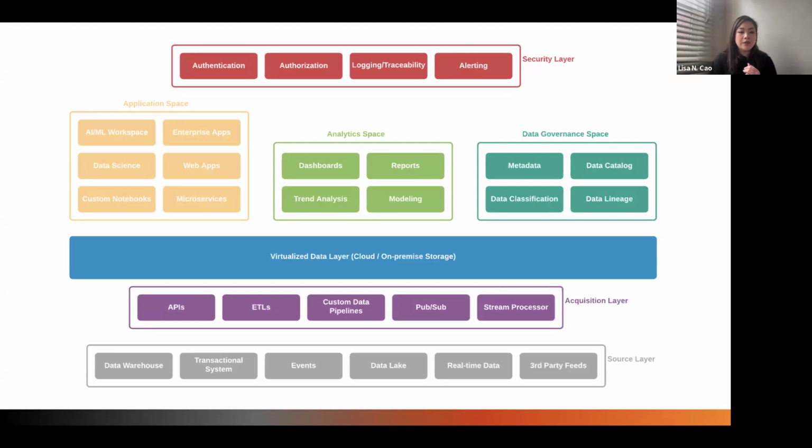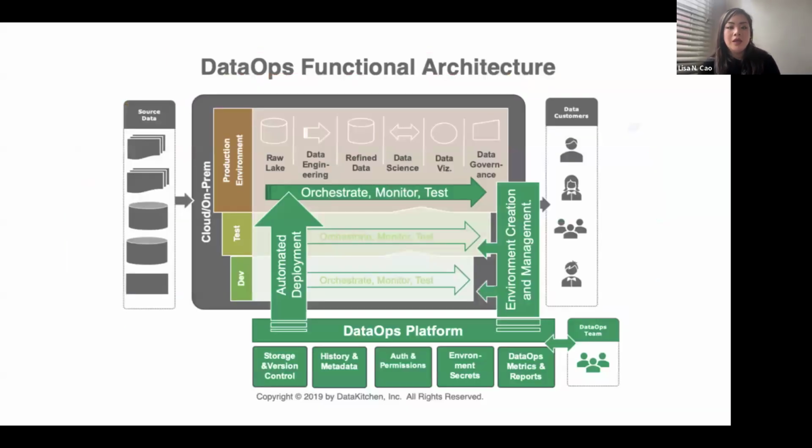But this idea of data lineage is tracing data from its source system all the way to where it's being consumed, so being able to trace the transformations it has undergone. We also have metadata, which I've mentioned before. It's data about data, the data classification, and the data catalog.